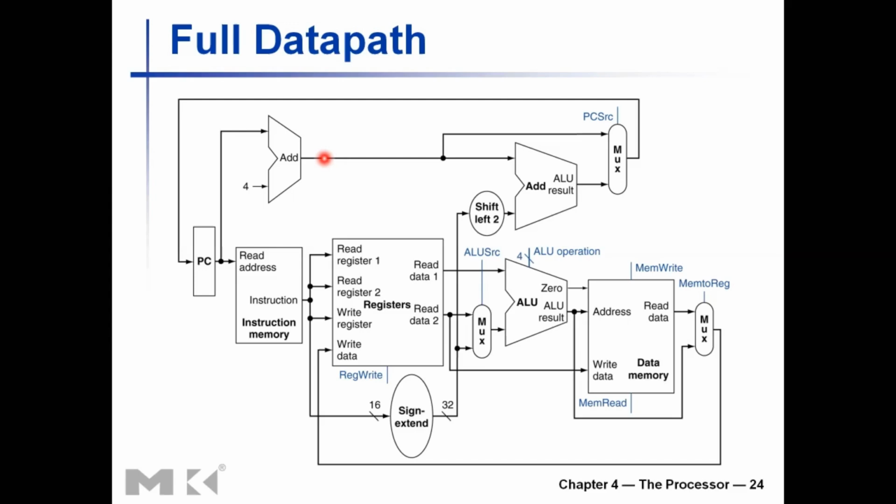Any other question? Okay, so from next class onwards, we'll talk about the control unit, how to make the control unit in order to control this data path, to generate the necessary control signals based on the instruction decoding.